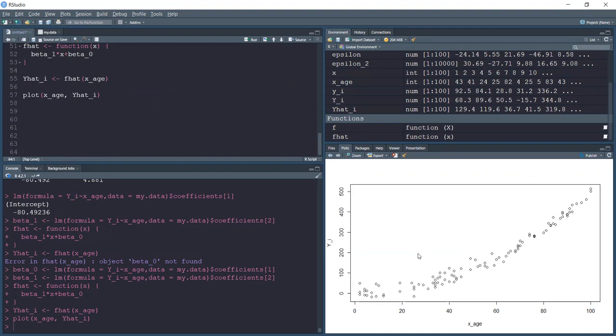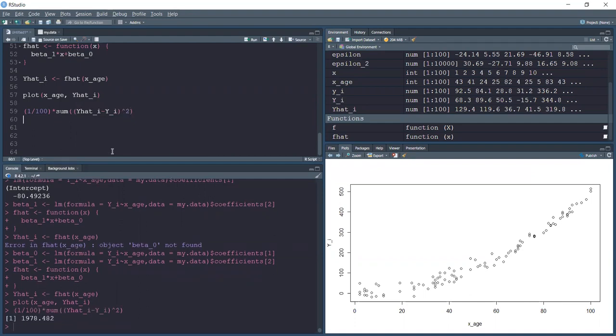So now what you could do is calculate the mean square error. How? Well, it is the mean, so I need to divide by 100. I'm hard coding, you should never do that, but 1 on 100, the summation of y hat I minus y I, squared.